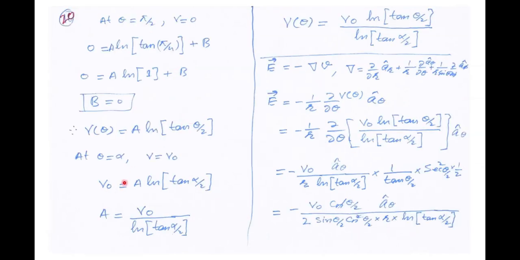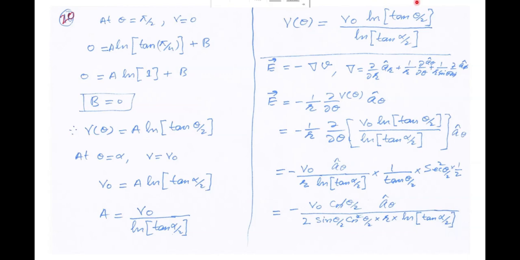So V naught equal to A times ln tangent alpha by 2. So the value of A becomes equal to V naught divided by ln tangent alpha by 2. So replace this A by this expression.